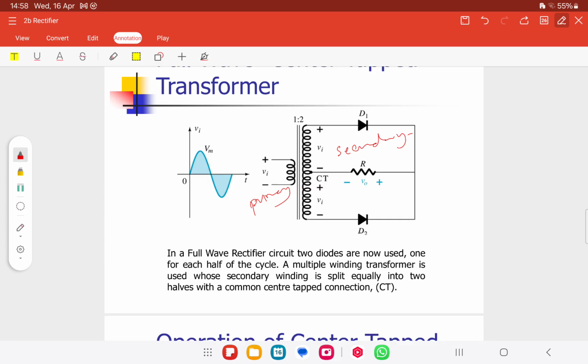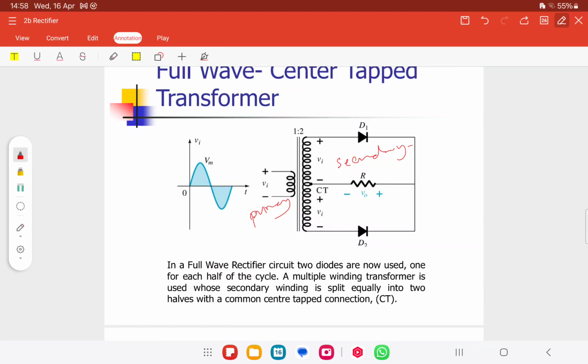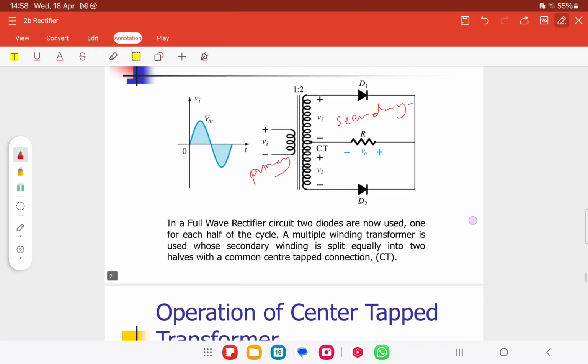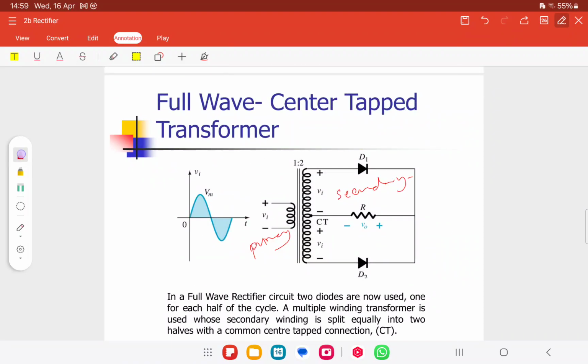Okay. Alright. So this is for the transformer. For the transformer, you need to know the winding, from primary and secondary. For this one here, we have two. The upper part has two diodes. This is for the positive cycle.